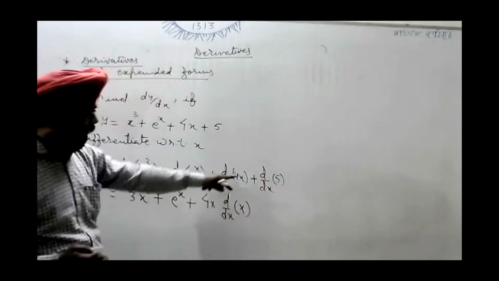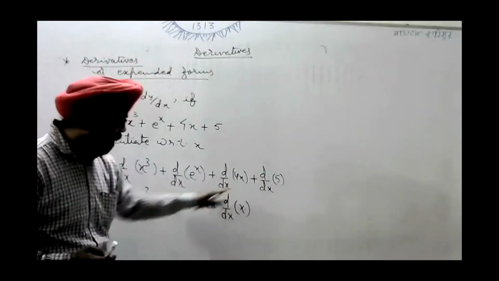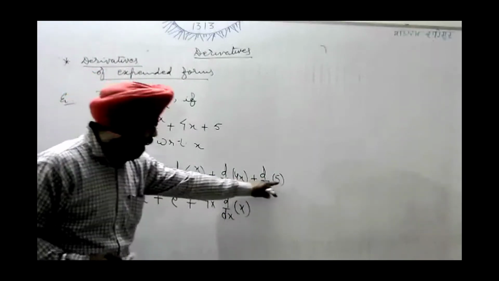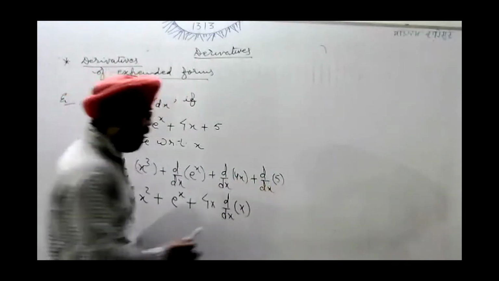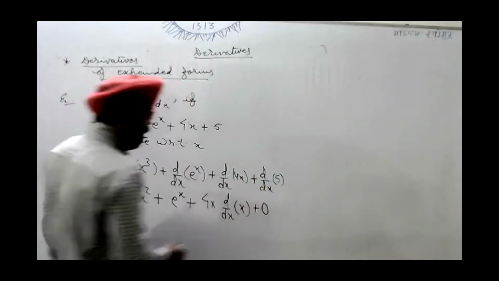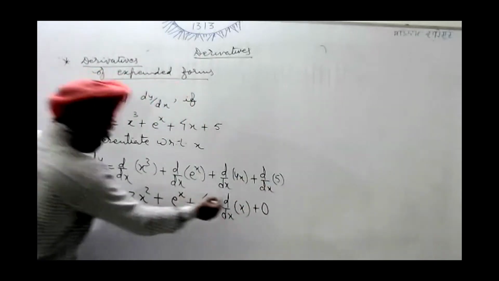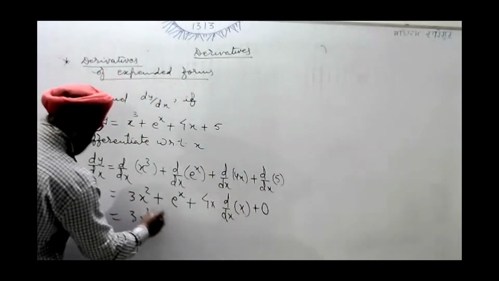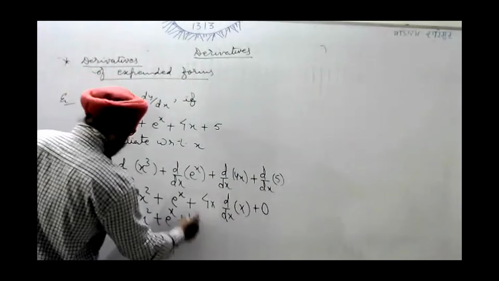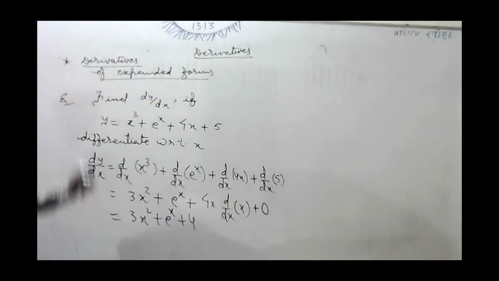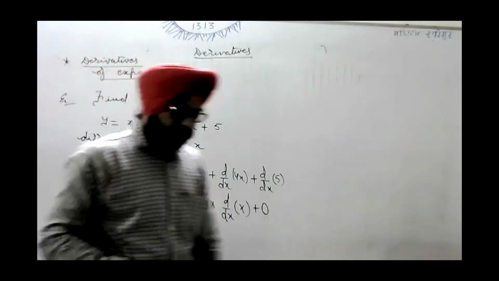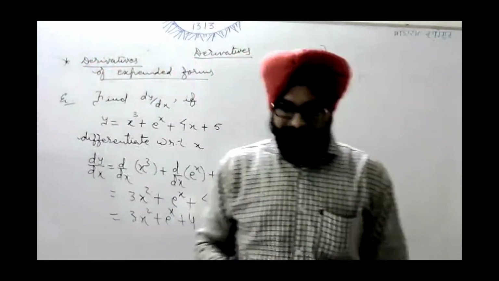You can see one constant term was in multiplication with x, so we kept it aside. Now, when it is only a constant, then the differentiation will be 0. Again, by properties, d by dx of x is always 1. So finally we get 3x squared plus e raised to the power x plus 4. That's all. This is one expanded form where we can take the differential coefficient directly.